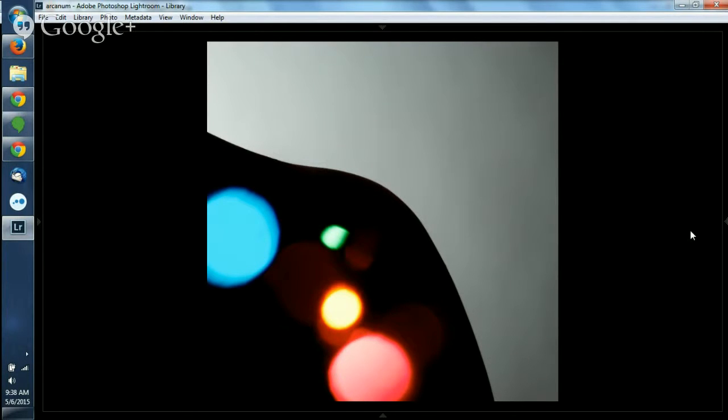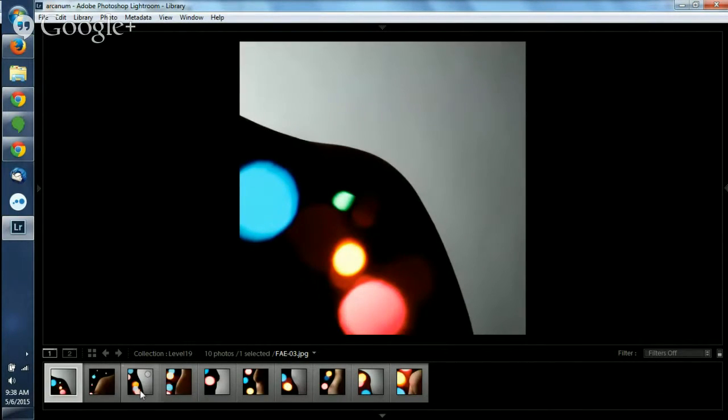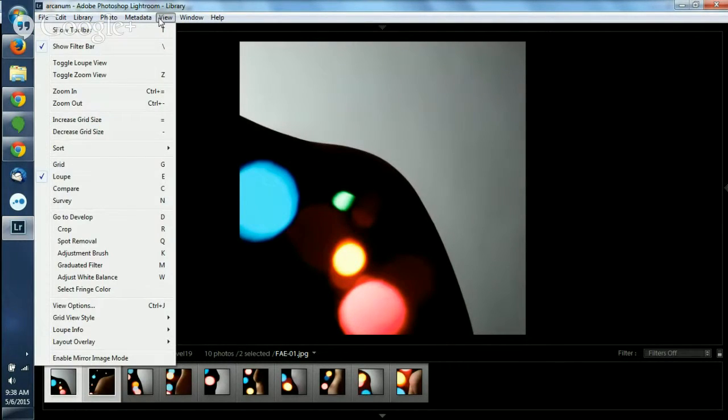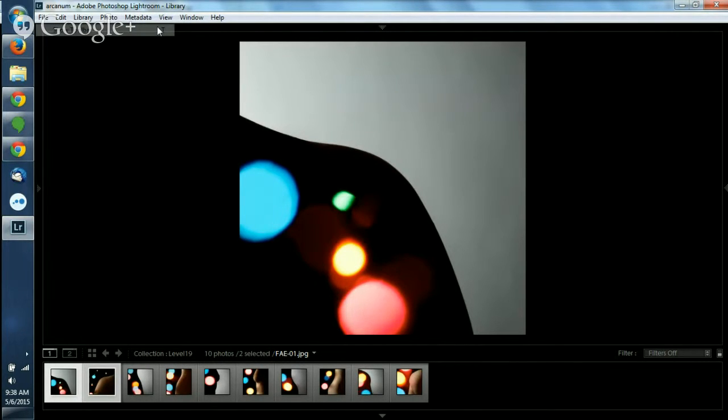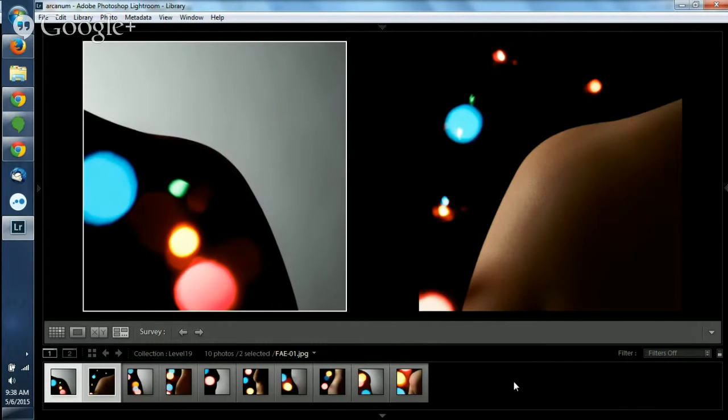Now these are in Lightroom, so if you want them viewed as pairs, can you set them up so that we can see them side by side, 2 at a time? I just have to figure out which bar lets me switch that view. There we go. Okay. So yeah, that would be the first pair.